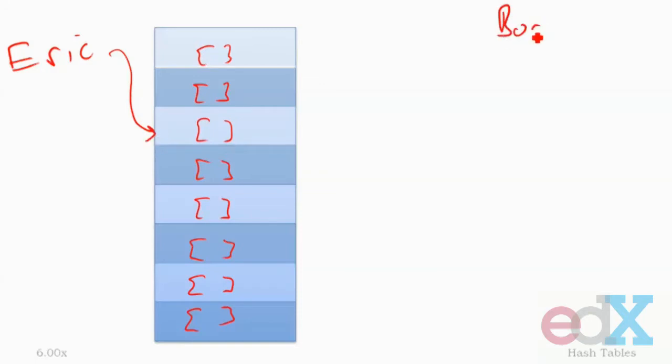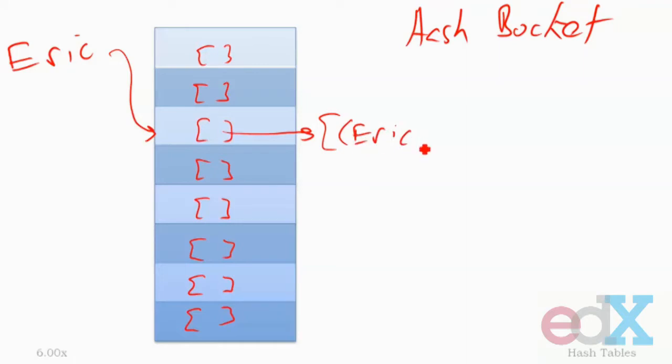And this, by the way, is called a bucket or a hash bucket. I get to this bucket. I notice there's nobody in it so far. And so I replace this empty list by a list containing a tuple. And the tuple is both the key, Eric, and the value, Grimson.